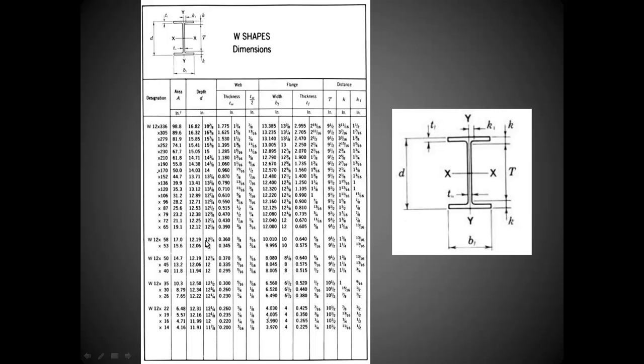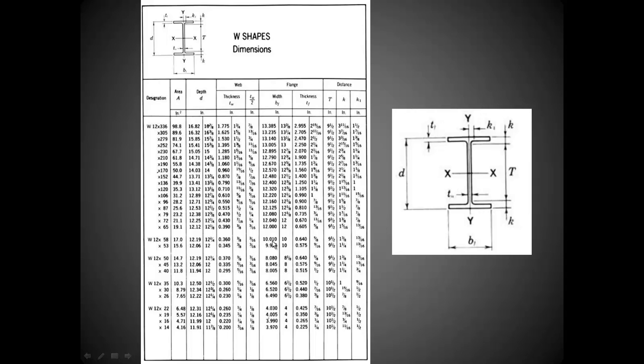They give us both decimal and fractional dimensions. The thickness of the web in this case is 0.360 or 3/8 of an inch, and that is this dimension right here. This is the web of the steel, and this is the flange horizontally, top and bottom. So we got one web, two flanges.